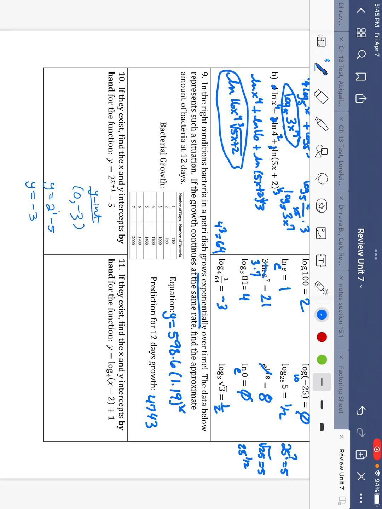And over here, for the y-intercept, the same question. Again, very simple, just plug in 0 for x. And so I get y equals log base 4 of 0 minus 2 is negative 2, and then plus 1. Well, I can't do the log of a negative, so this one does not have a y-intercept. If you imagine it, a log function moved to the right 2 and up 1 would be over here somewhere, so it's never going to touch the y-axis. So that should make a little bit of sense.